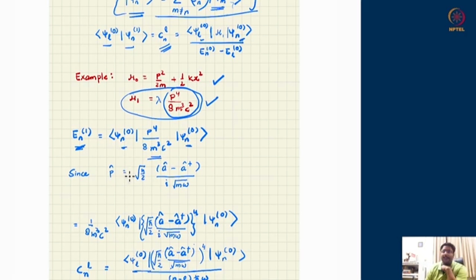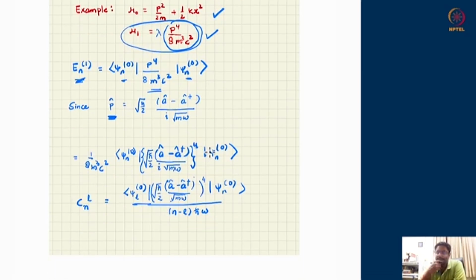I know in the harmonic oscillator, the operator P can be written in terms of the ladder operators, A minus A dagger divided by iota, up to some dimensionful constants. This you can look up in any quantum mechanics book. Therefore, the fourth power of that is supposed to come up in the perturbation Hamiltonian.